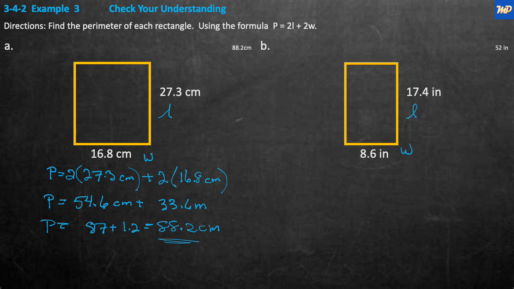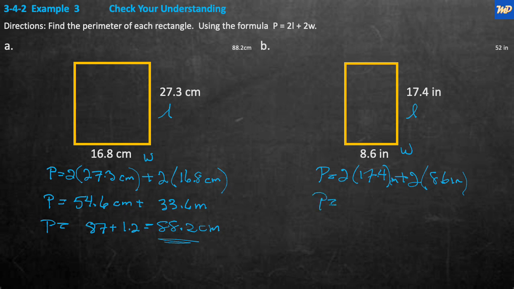For the second one, I'm going to do the same thing. P is equal to 2 times 17.4. That's the length, as I've chosen it, and this is in inches. Plus 2 times 8.6 inches. Carry out the formula.